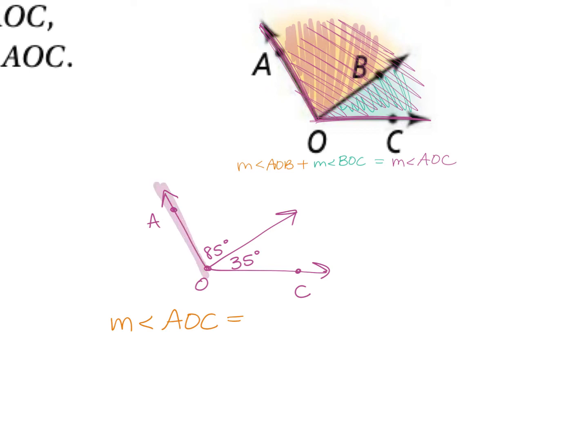So AOC is this one. It's what? 120, right? AOC is just the 85 plus the 35. The two put together equal the whole thing. So 120 degrees, okay? Add the two up, you get the whole thing.